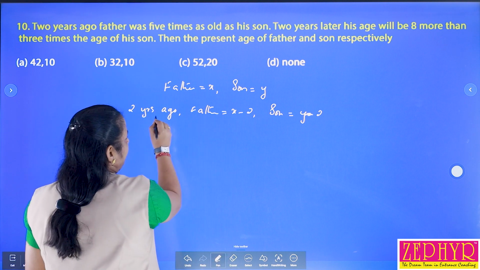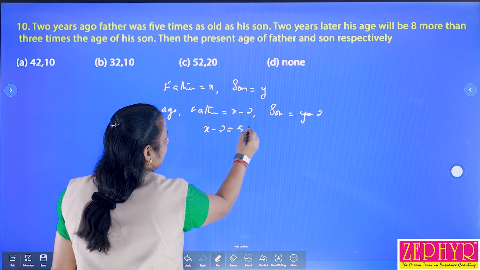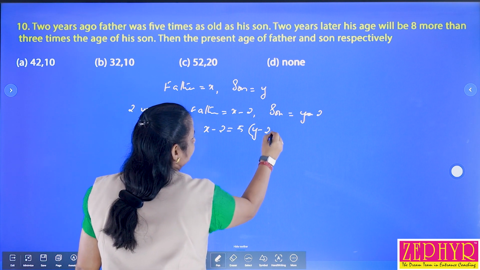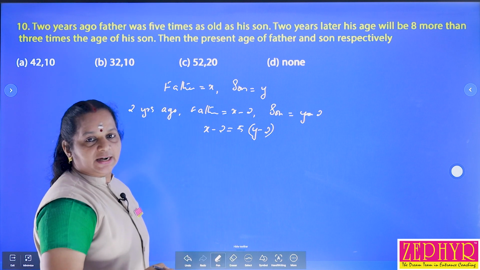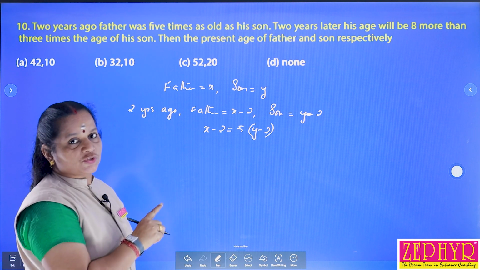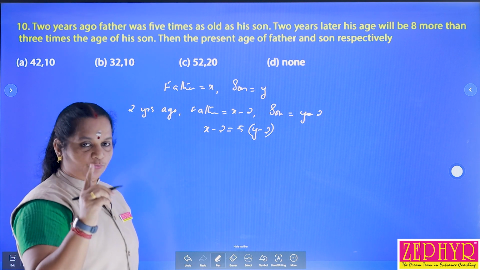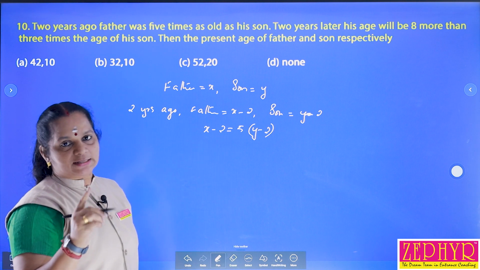That is, two years ago, the age of the father is 5 times the age of the son. That is the given condition. Read the question carefully for this type of question, and we can construct two linear equations with two variables, and then we can easily solve it.